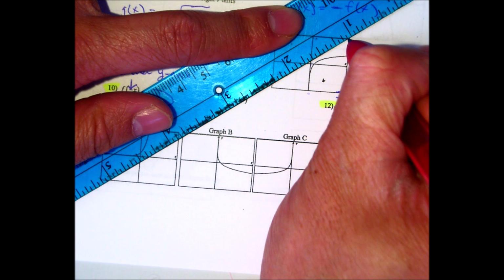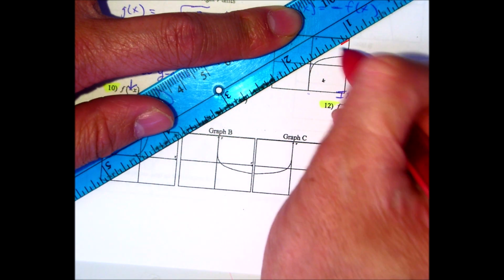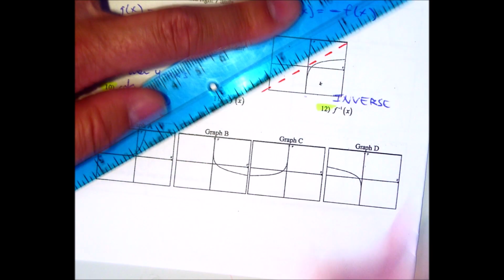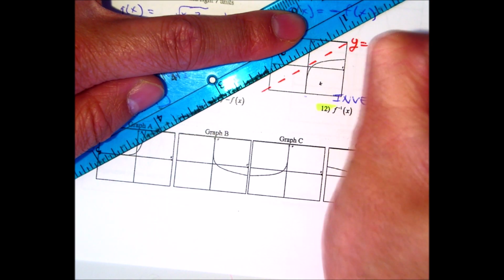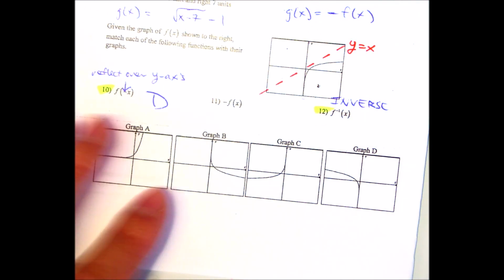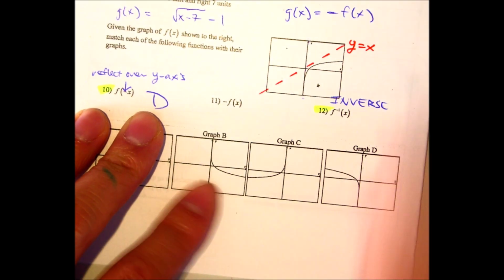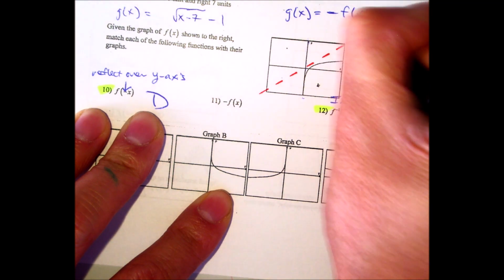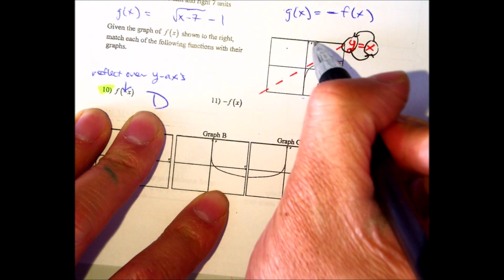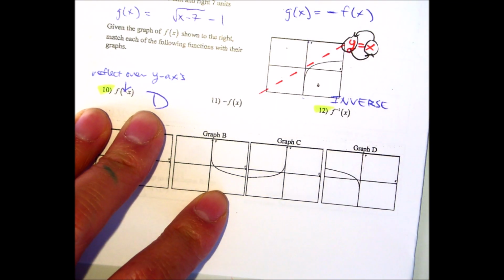Raise your hand if you did that. Good job. We talked about how the inverse is a reflection over y equals x. Okay? What does that tell you? Remember, you can kind of replace the x with the y and the y with the x. Yes? And if I just reflect it over, let's see.